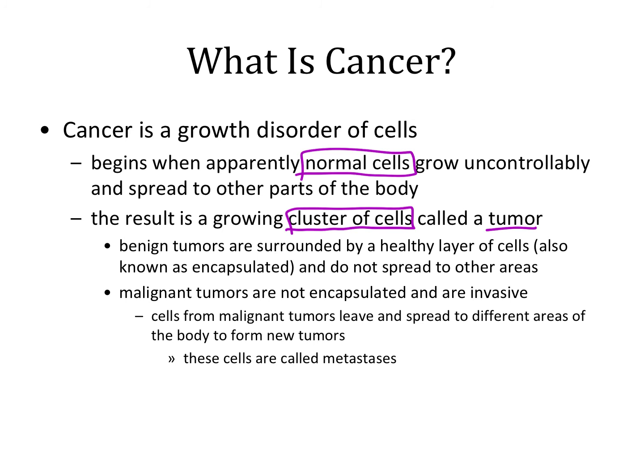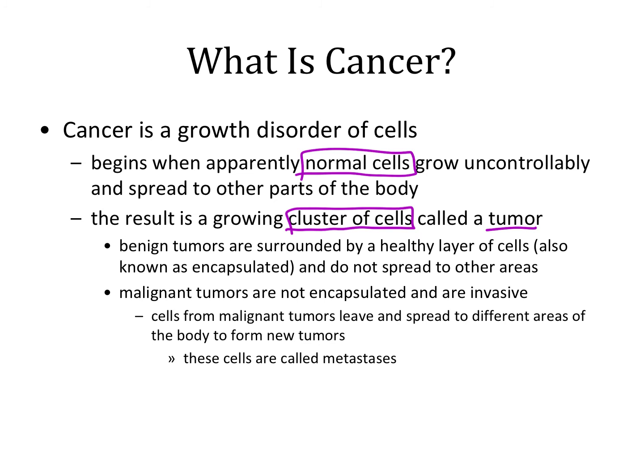They've lost contact inhibition, so even though they know there's no more room, they continue to grow on top of each other, and that's where you get the tumors from. Because think about it, what do you think a tumor feels like or looks like? It's a lump, right? You're looking for a lump or a mass of cells. Those cells have lost contact inhibition, so they'll continue to grow on top of each other, okay?